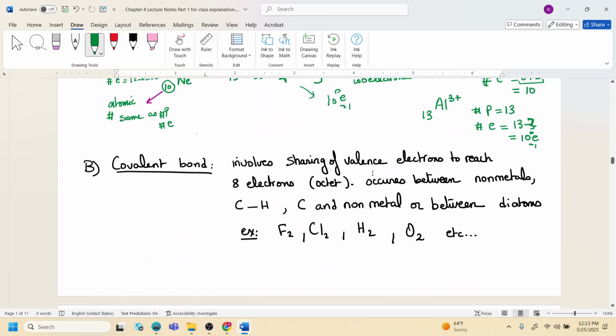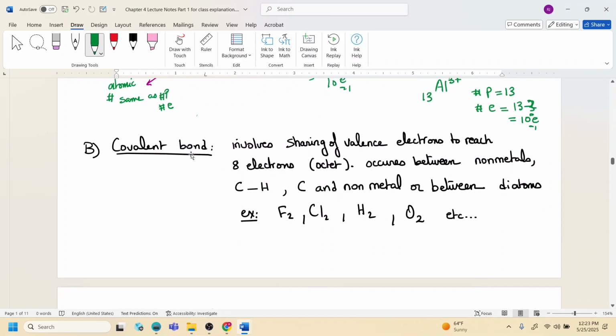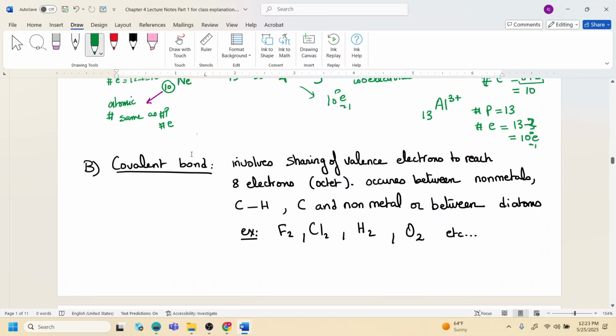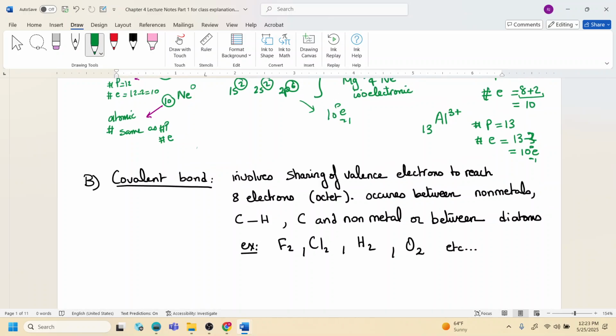Covalent bonding now is different. A covalent bond is an actual bond, and we represent it by an actual bond. We draw it by an actual bond. Remember, ionic bonding was electrostatic interaction. So we represented it by simply drawing the plus and the minus charges. For example, when we were drawing aluminum chloride, we said that you draw the aluminum, which is a 3 plus, and around the aluminum, you do have the 3 chlorines in there.